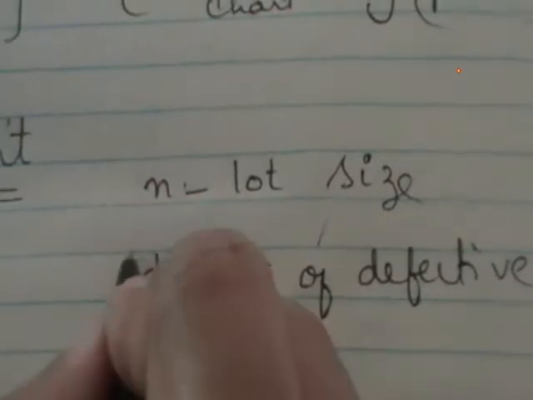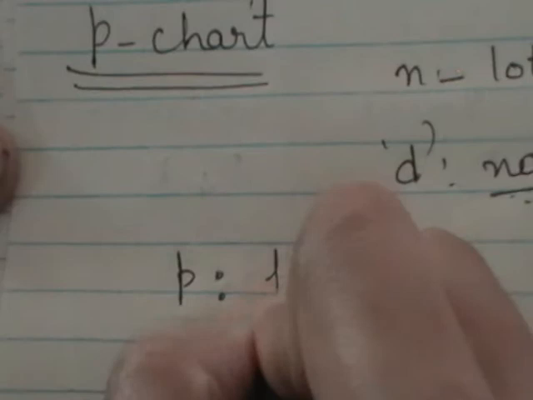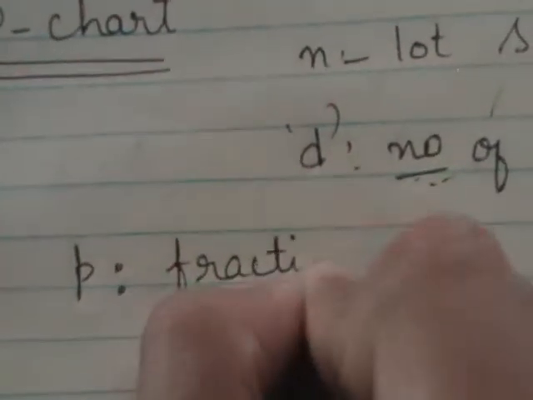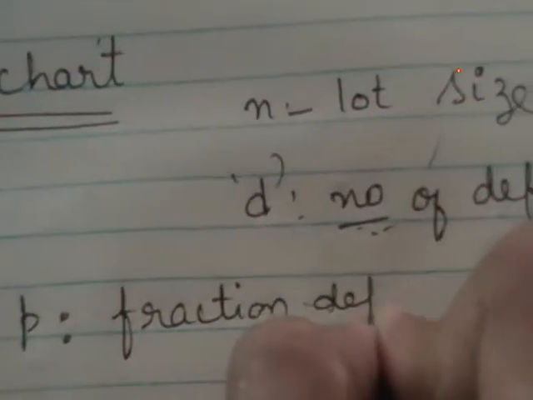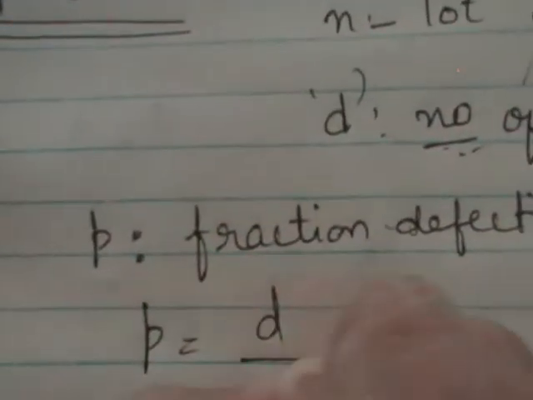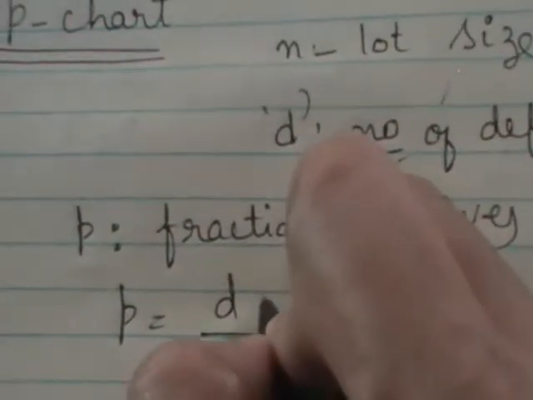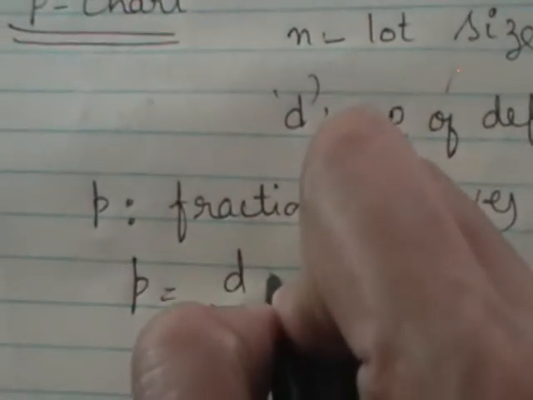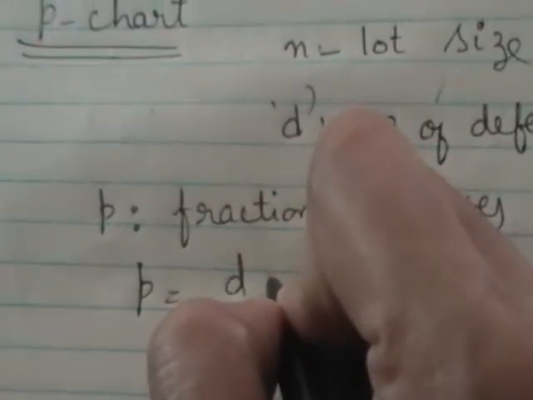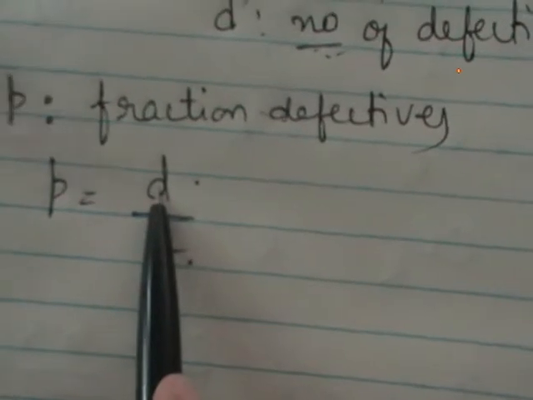We have a lot of size n and out of those there are D number of defectives. Then P is called the fraction defective or proportion of defectives, which we define as D by n. Just as P is equal to x by n, where you defined the number of individuals possessing a character by the total number of individuals, here the total is in the denominator and D, the number of defectives, is in the numerator.